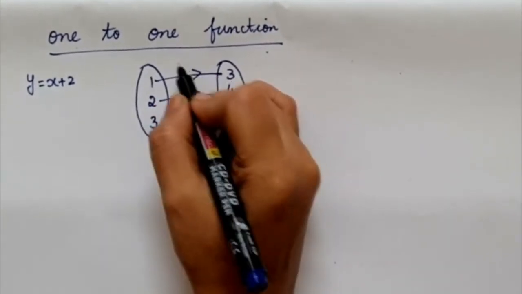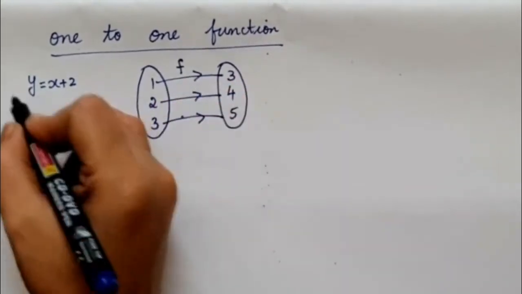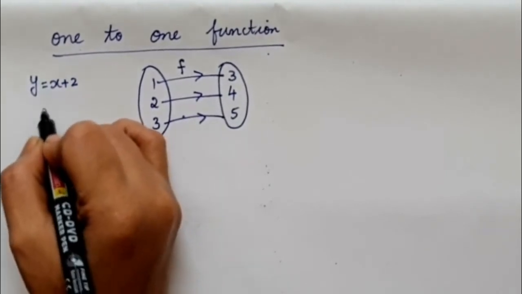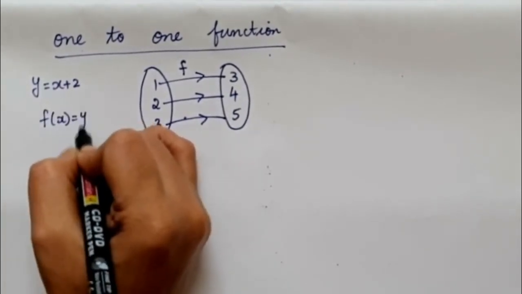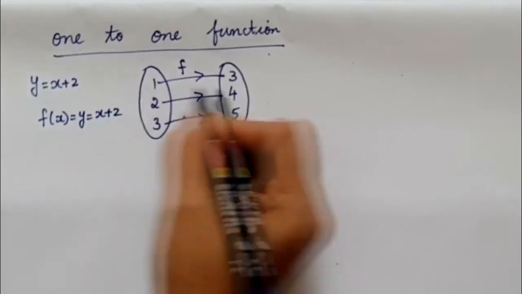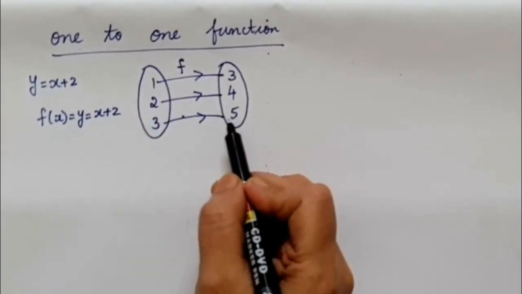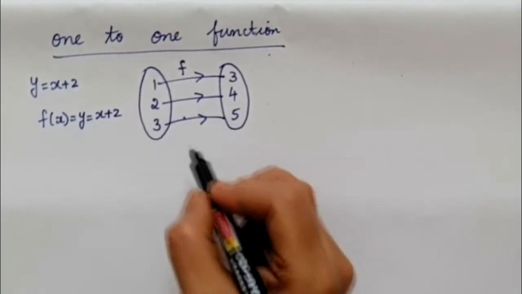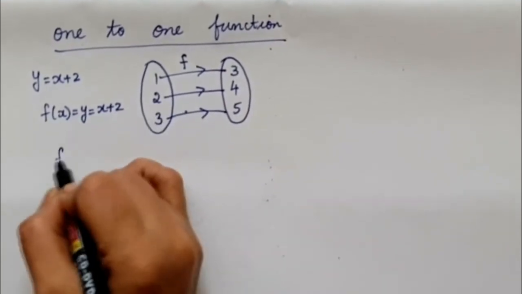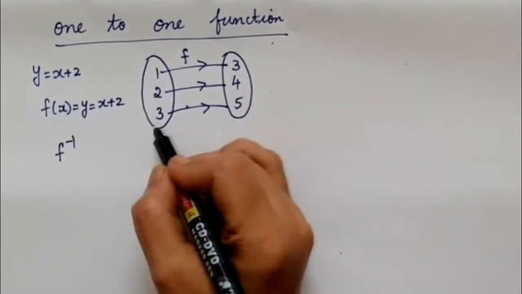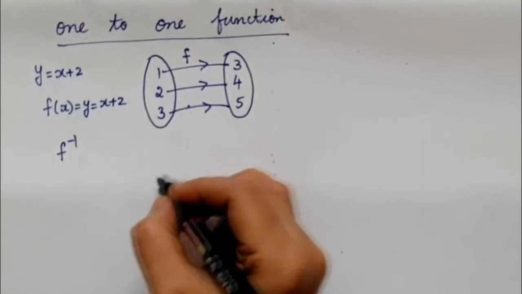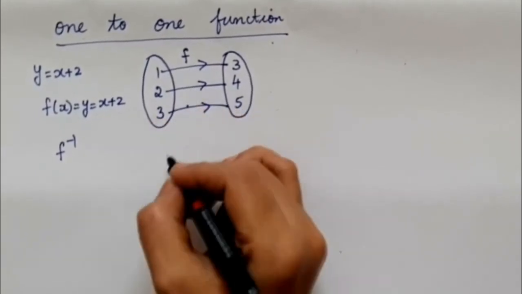We saw this way, when the arrow is drawn, it is a function f. That is, f of x equal to y equal to x plus 2. So this is a function. But when we take the reverse of it, that is f inverse, this becomes the object. For example, this is a function f.